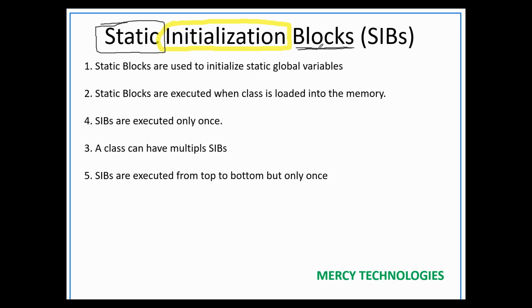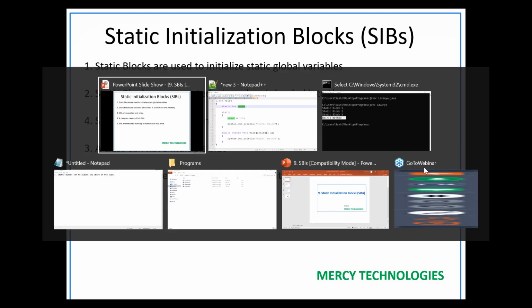Block means it can have more than one statement, a group of statements it can contain. Static initialization block, SIB, is a block. It is used to initialize static global variables. That's why it is named static initialization block. The main purpose is that static blocks are used to initialize static global variables.